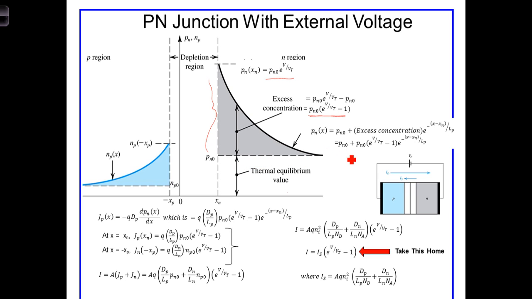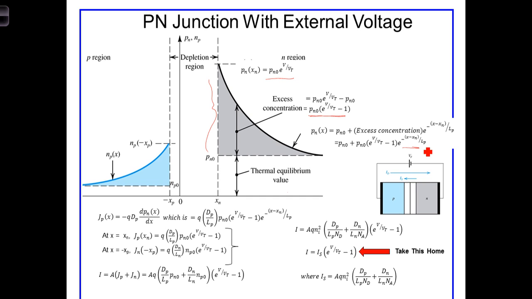We can simplify that then, or we can insert this expression here, and we get then that the hole concentration as a function of x in the n region is equal to p sub n0 plus p sub n0 times e to the V over Vt minus 1, which is this amount up here, multiplied by this exponentially decaying term. Now this term L sub p is called the diffusion length of holes in the n material.